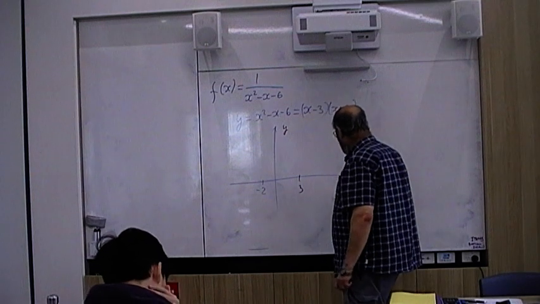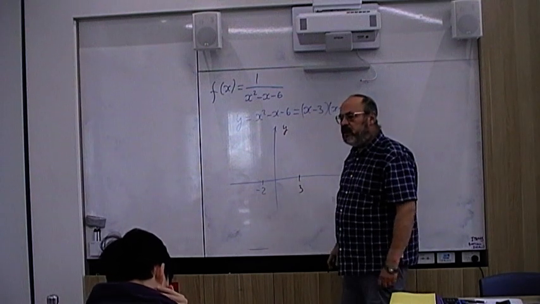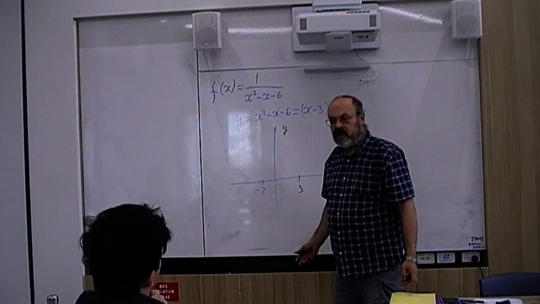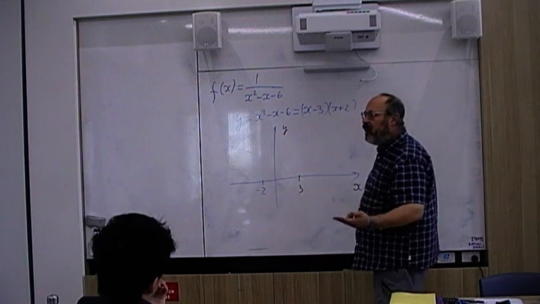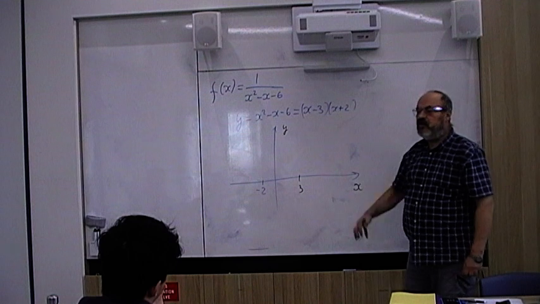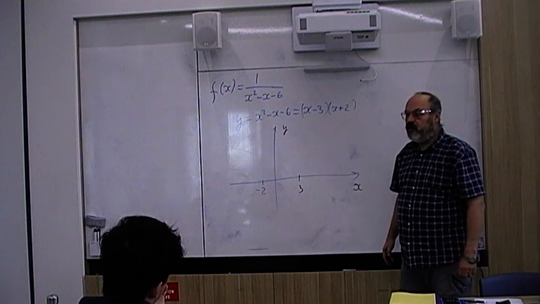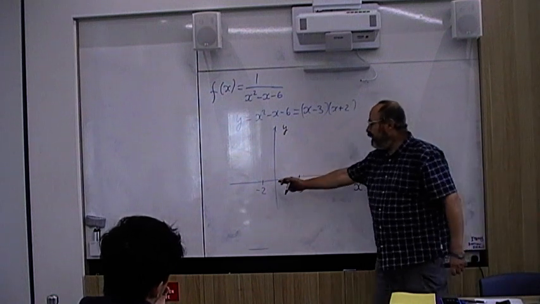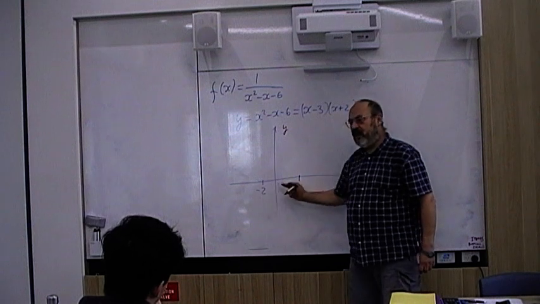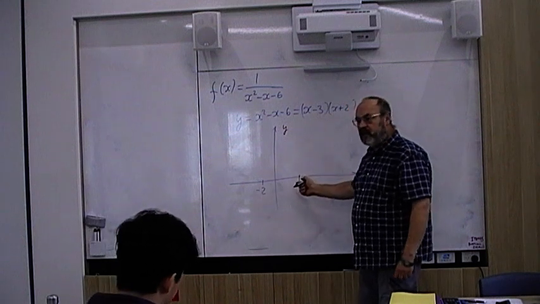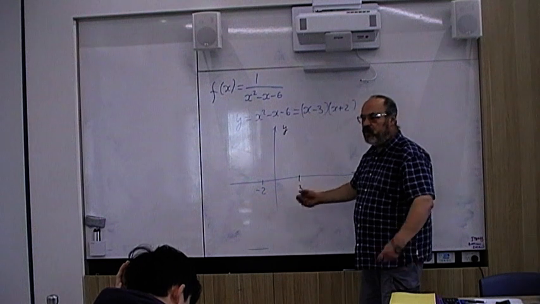And what will be the turning point? How can we find the coordinates of the turning point? We can either convert into turning point form, or it is always the average between the x-intercepts, so minus 2 plus 3 divided by 2 will be 1/2.